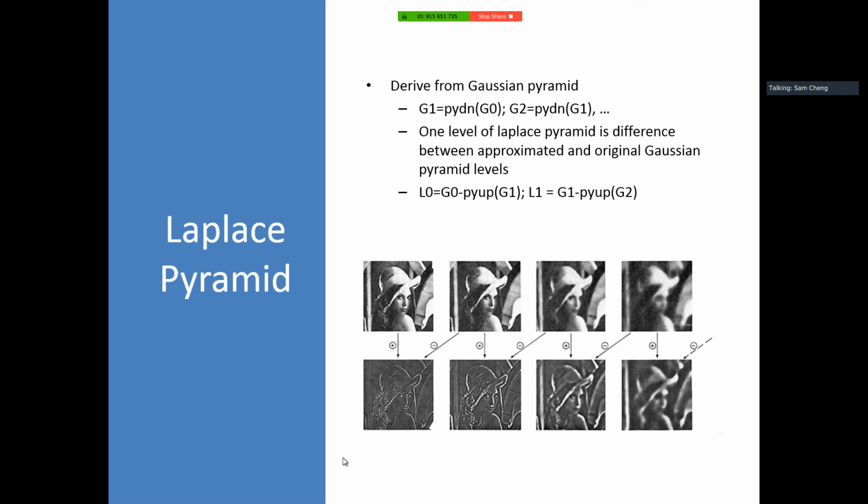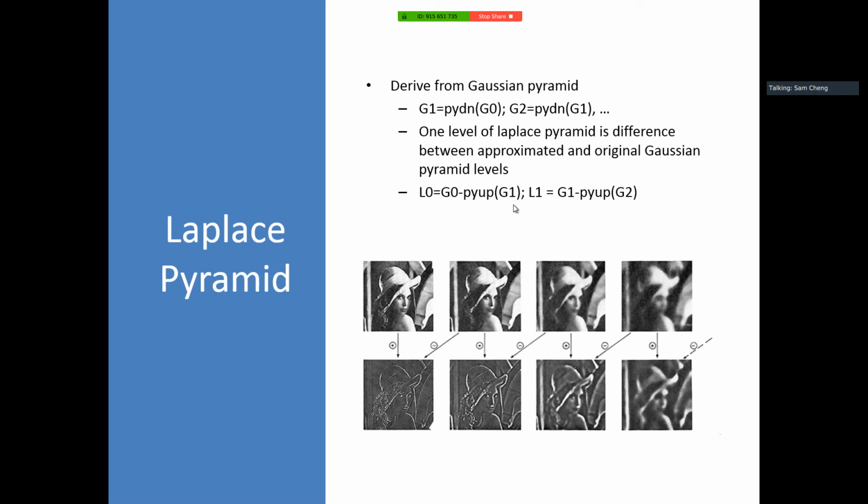The convention is that the original resolution is called G0. We downsample to get G1, G2, and so on. Then the Laplace pyramid takes the difference between your current Gaussian level and the approximation from the lower resolution.